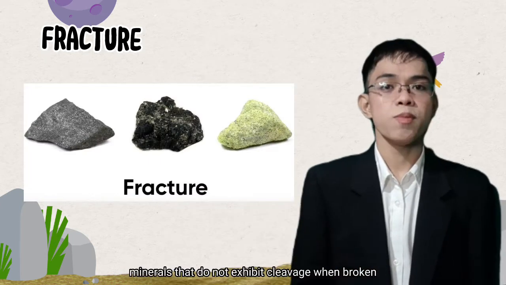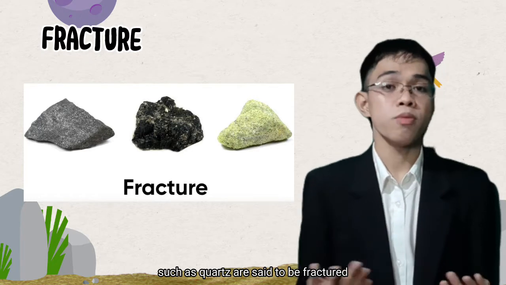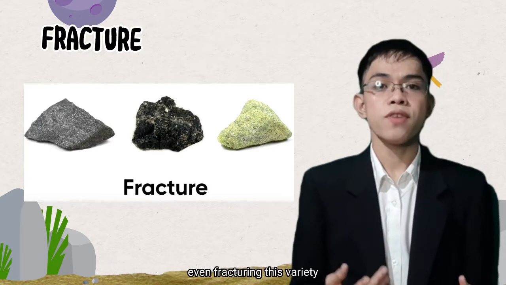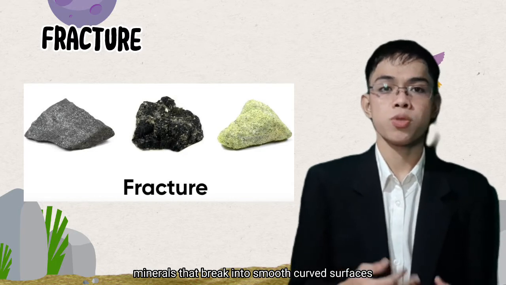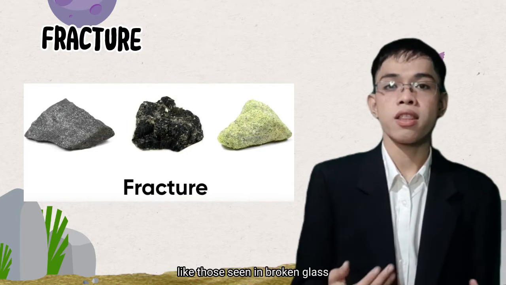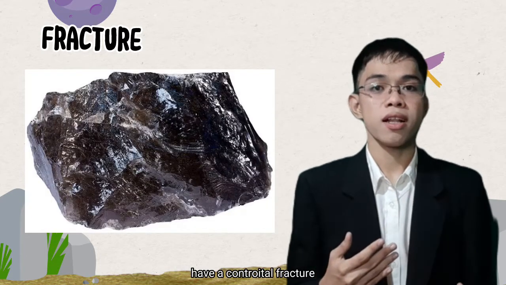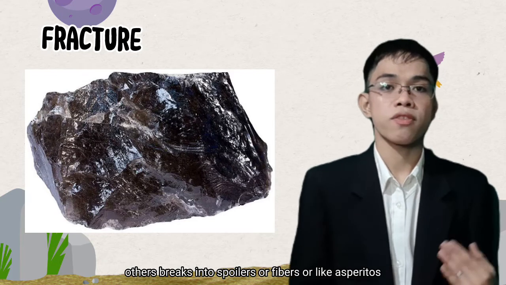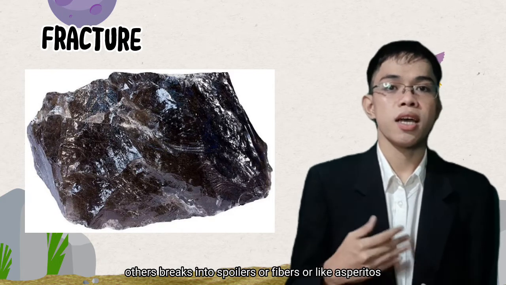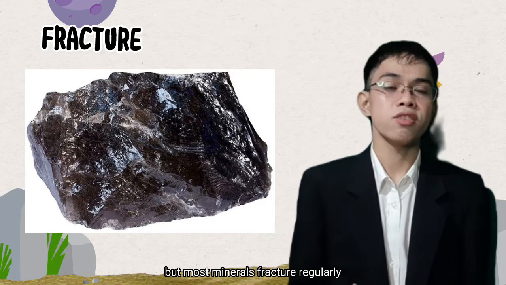Minerals that do not exhibit cleavage when broken, such as quartz, are said to fracture. Among this variety, minerals that break into smooth curved surfaces, like those seen in broken glass, have a conchoidal fracture. Others break into splinters or fibers, like asbestos, but most minerals fracture irregularly.